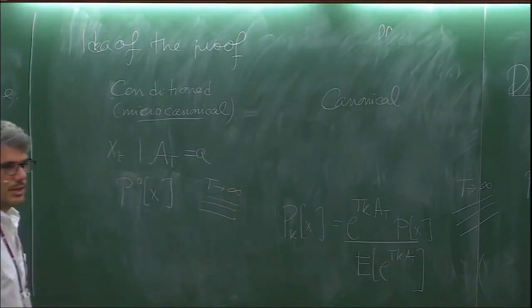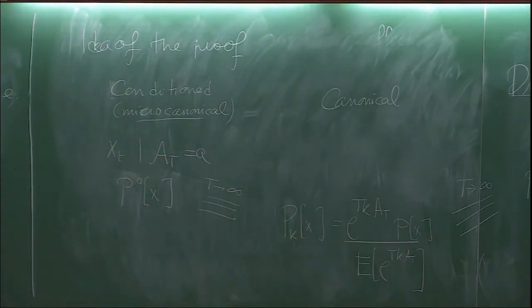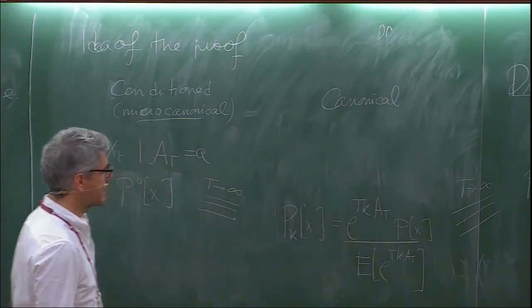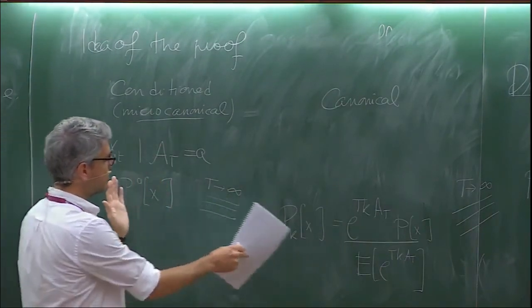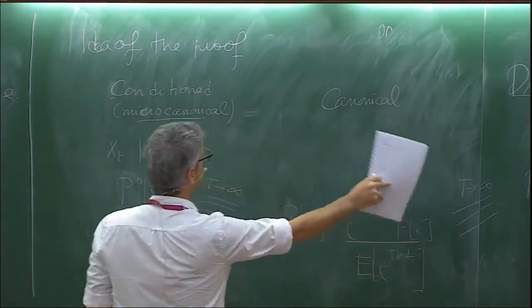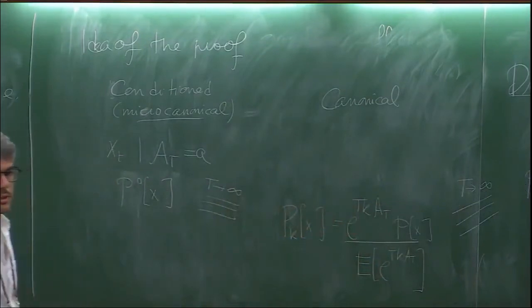I have asymptotic equivalence in the same sense as here between the microcanonical and the canonical. And so if I have asymptotic equivalence between the two here and individually between the two here, it also means that I have asymptotic equivalence between the driven and the conditioned. Okay, so that's the idea of the proof.